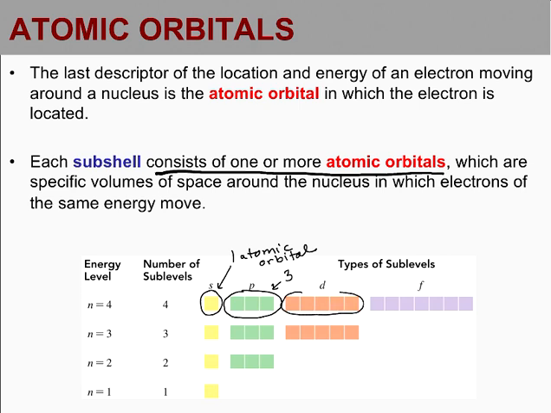In a d subshell, we have 5 atomic orbitals. And in an f subshell, we have 7 atomic orbitals. Now, all of these atomic orbitals have the same energy if they're in the same subshell.